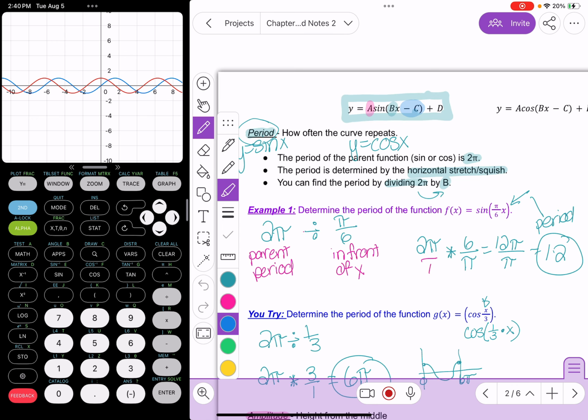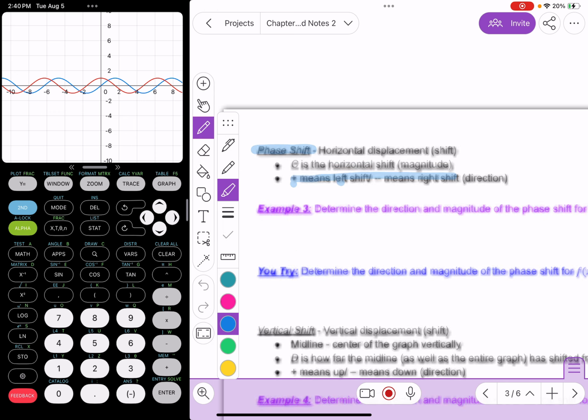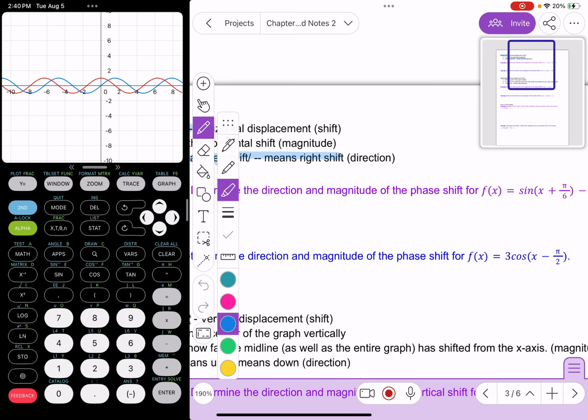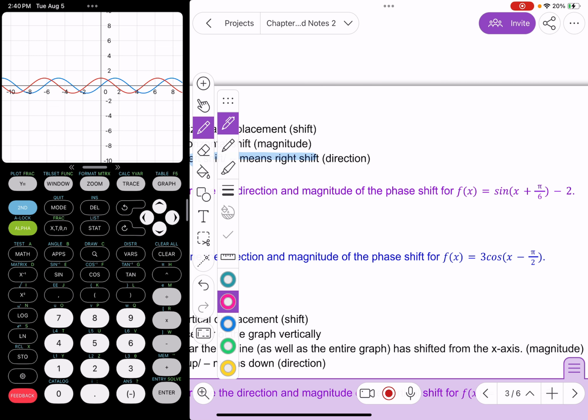Now, if there's a B in front of the x and they're both in parentheses, we need to divide by that B. So for this one, there's nothing in front of the x, so my shift is just this. So positive means we're going to go left, pi over 6.